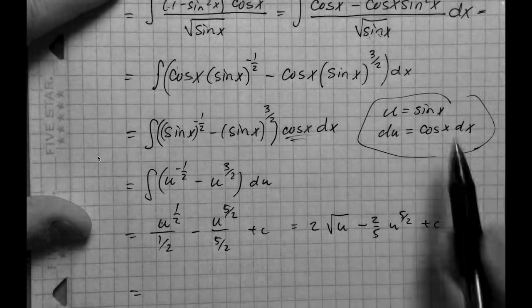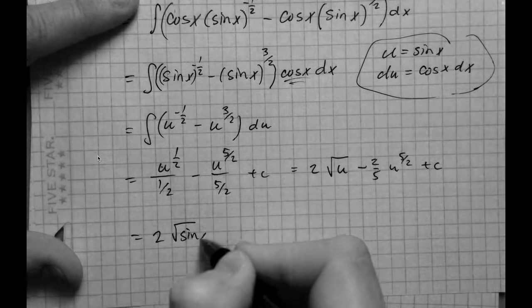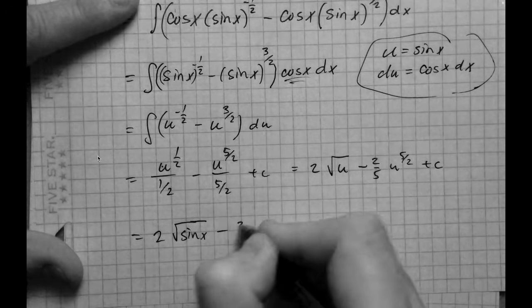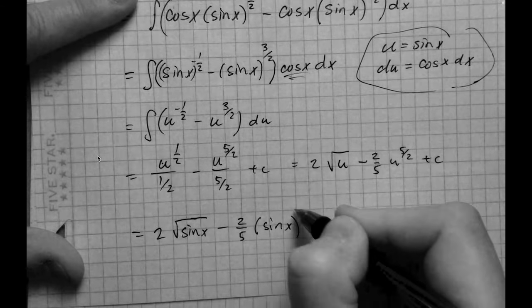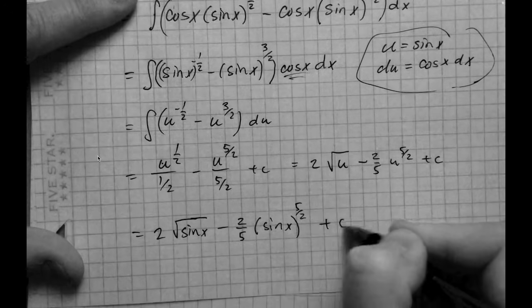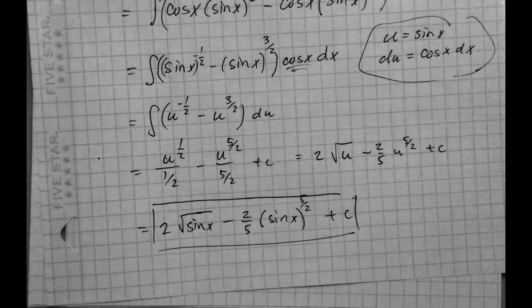And so let's plug back in our sine. And so I get 2 times the square root of sine x minus 2/5 times sine of x to the 5/2 power. All right, there we go.